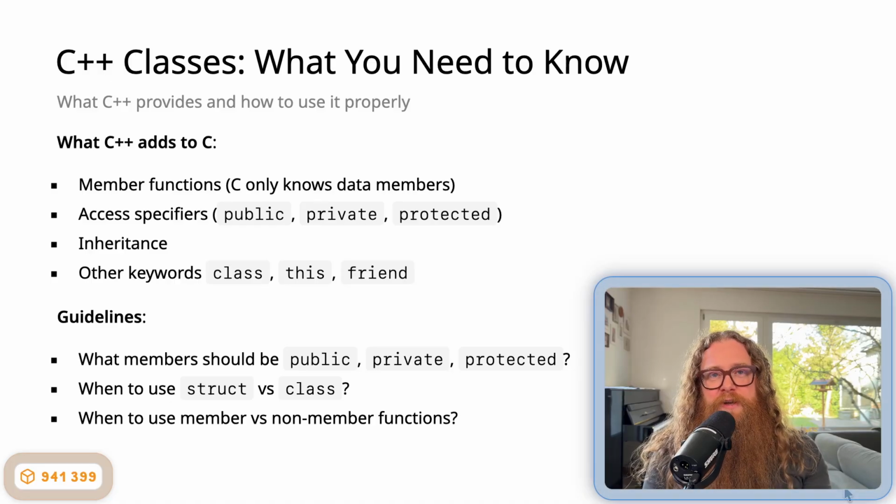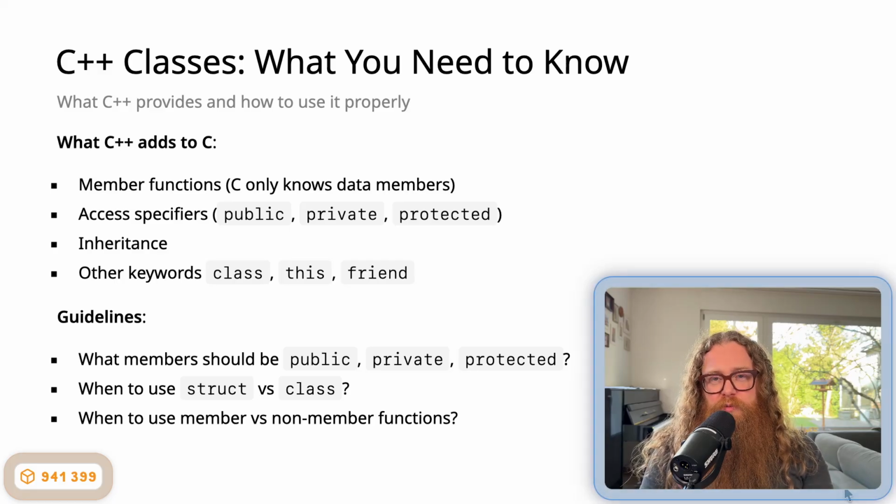C only has data members inside structs, and in C++ you can also have functions inside a struct. Then we have those access specifiers, public, private, and protected. C++ also adds inheritance and new keywords like class, this, and friend.